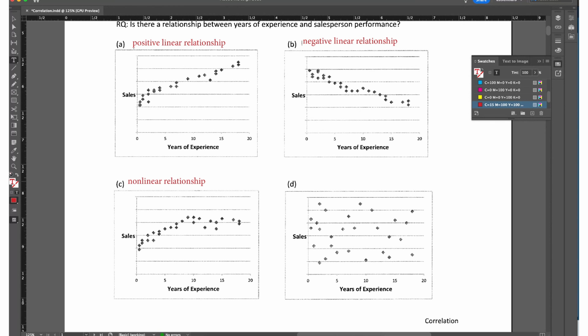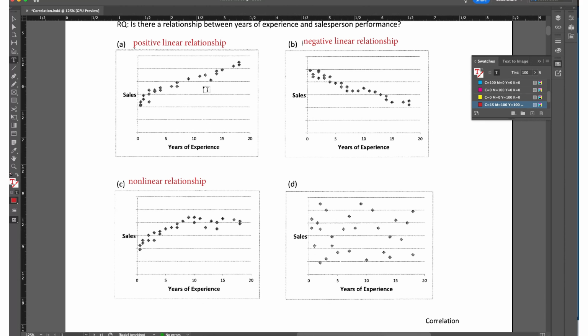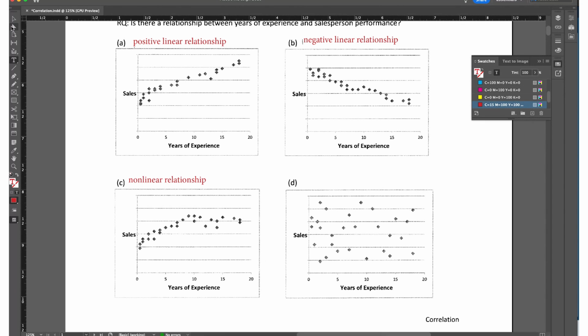And this is just one example of a non-linear relationship because it could go the other way also, or it could go this way or that way. The main point here is that it doesn't follow this positive linear or negative linear relationship pattern. And then part D right here, well, there's just no relationship. The dots are just all over the place.